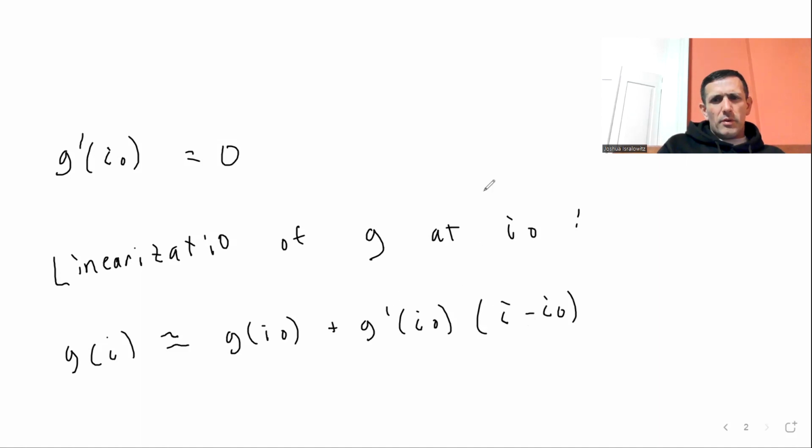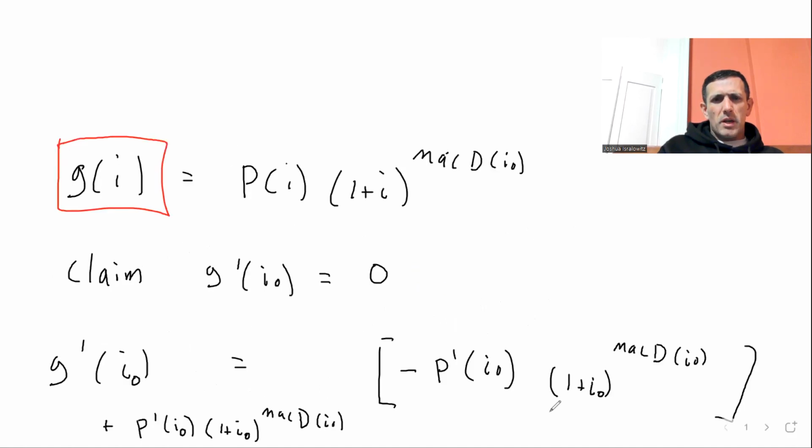Well, all this stuff, we don't care about this because this here is 0. So this is saying G of I is approximately G of I0 as long as I is close to I0.